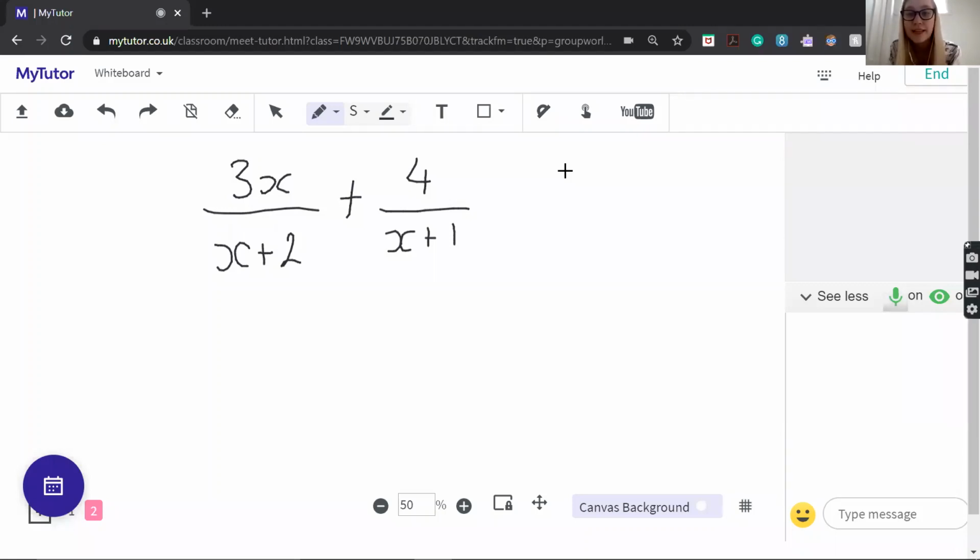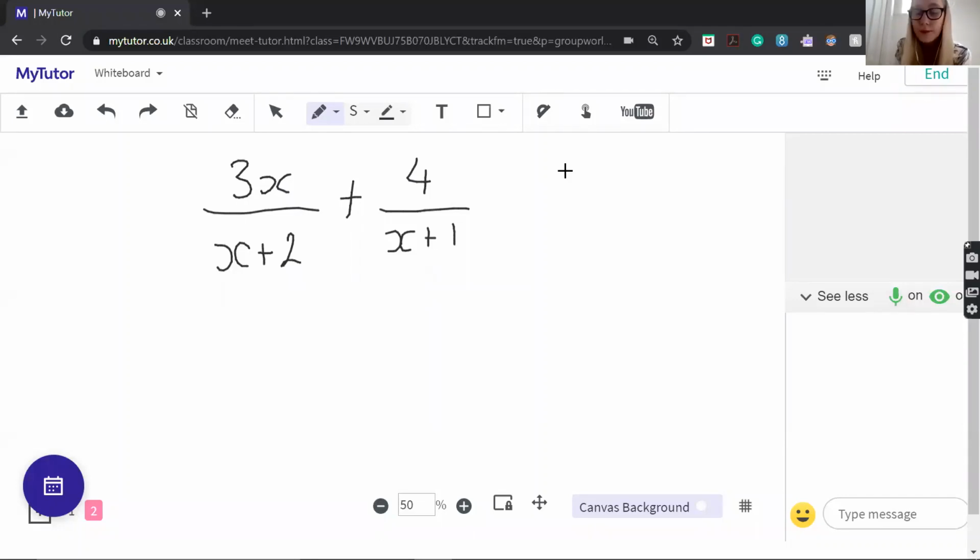What do you think we're going to make the denominator here? What do you think we can make it that's both a multiple of x plus 2 and a multiple of x plus 1? Yeah, brilliant. A lot of people are getting it, which is good. Don't worry if you're not, though. I'll try to explain it quite simply.